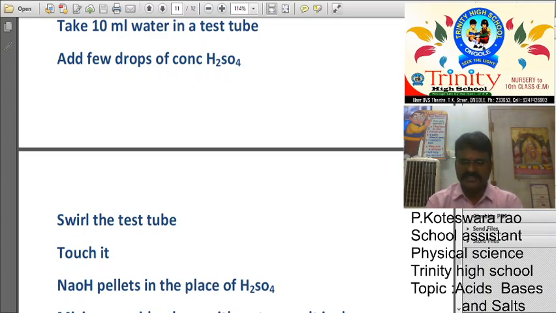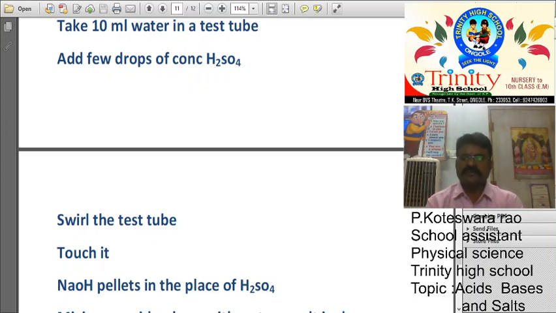In a chemical reaction, heat may be absorbed, received or taken. That type of reactions are called endothermic reactions.